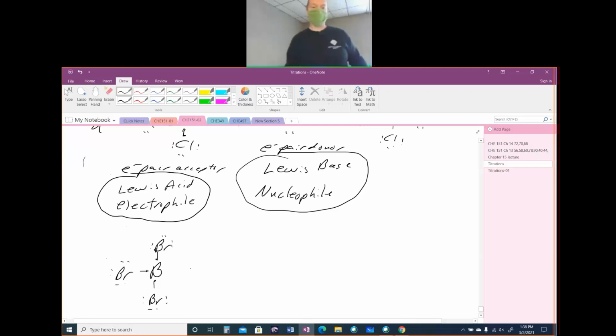All right, and so when you react that with your Br minus, this electron pair will go to the boron, and so you now have a boron with 4 bromines attached.